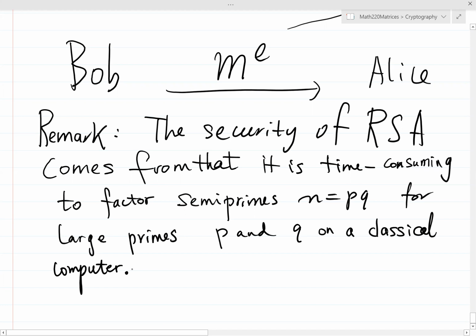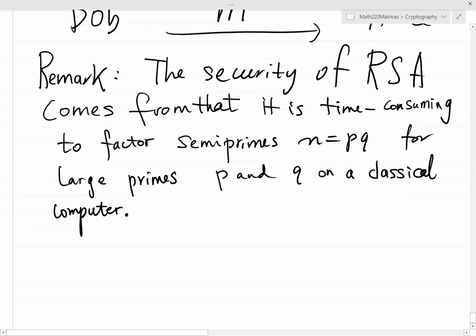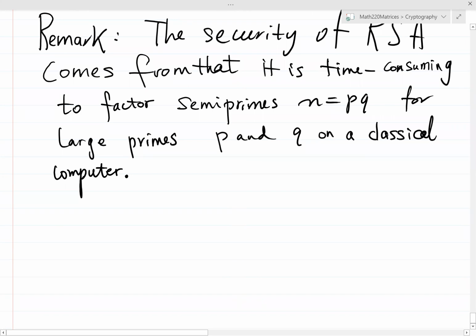okay, why do I write down classical computer? This is because on a classical computer, the information stored is 0, 1 using electric signal or magnetic signal.